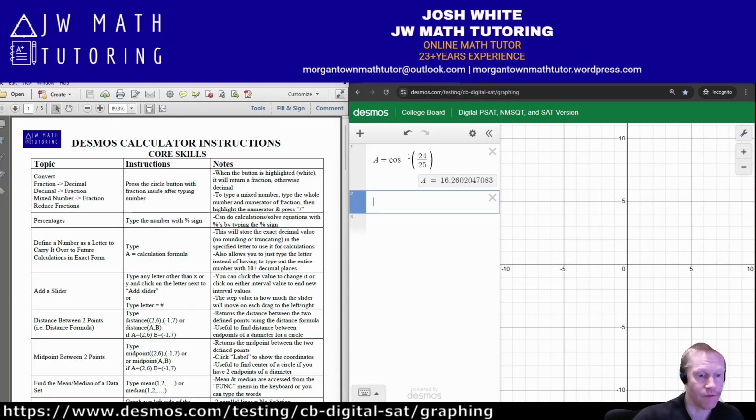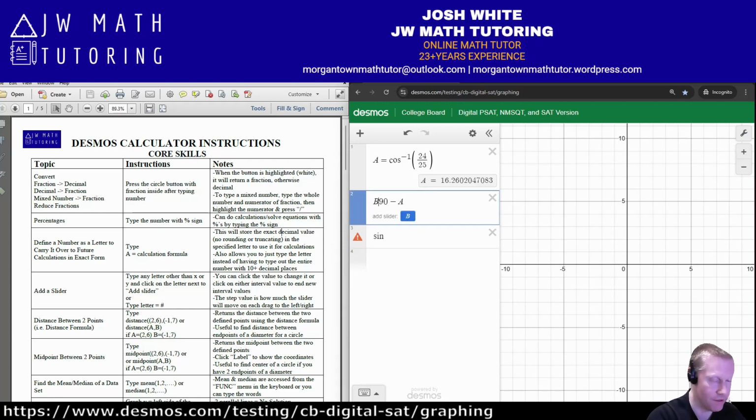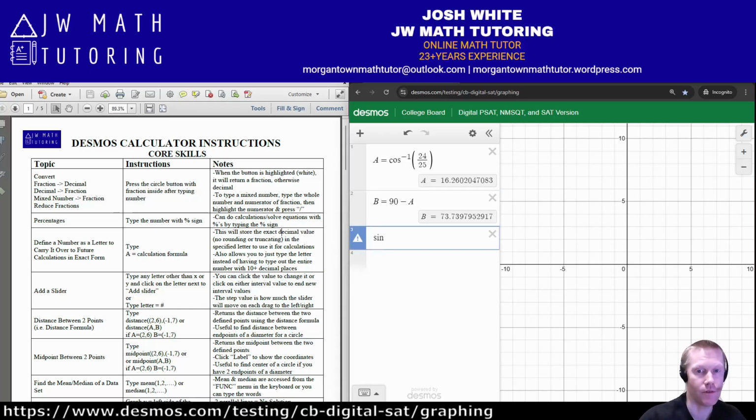Now maybe, let's say I want to find the other angle in the triangle. So now I could just do 90 minus A to get that value. And then I'll define this as B. Now I need to find the sine of B, and find out what that's equal to.